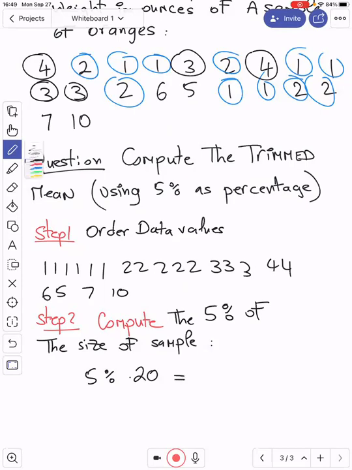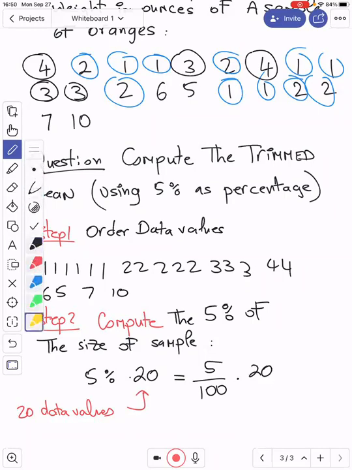So 20 again, because we have 20 data values. That will be 5%, which is 5 over 100, times the 20, which is a whole number.